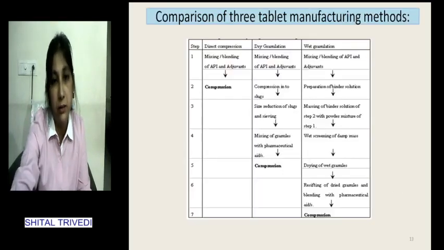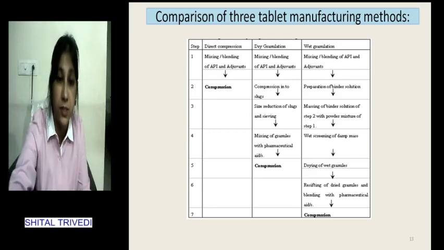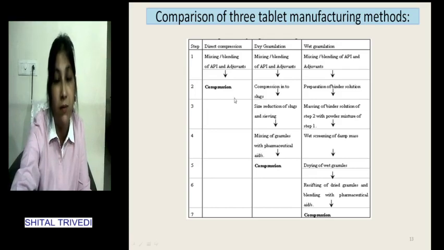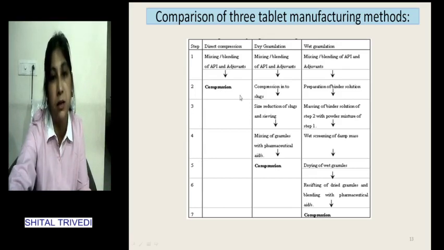If you compare the three tablet manufacturing methods in terms of the number of steps and the number of unit operations involved, we can say direct compression is a very easy and less time consuming method. Very few steps and very few unit operations are involved compared to the other methods.